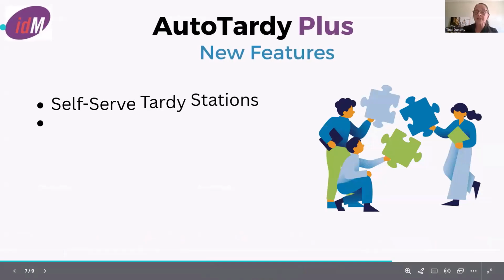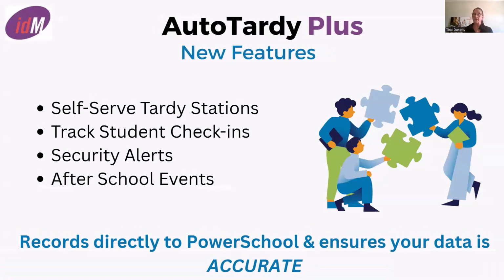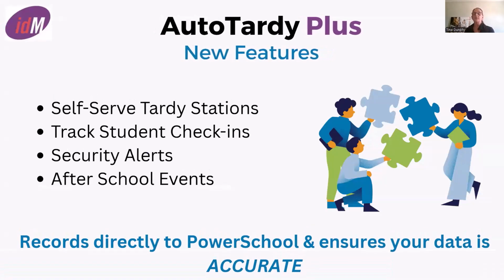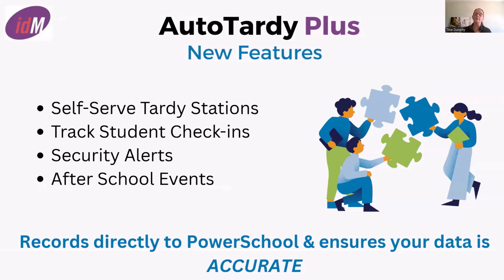Auto Tardy Plus is the new enhanced edition, built directly on the trusted foundation of Auto Tardy. While standard Auto Tardy excels at simplifying tardy management tasks in the office, Auto Tardy Plus takes it further, adding in self-serve kiosk options, real-time building entry control, internal movement logging, and after-school and event verification, all within the same easy-to-use PowerSchool plugin.